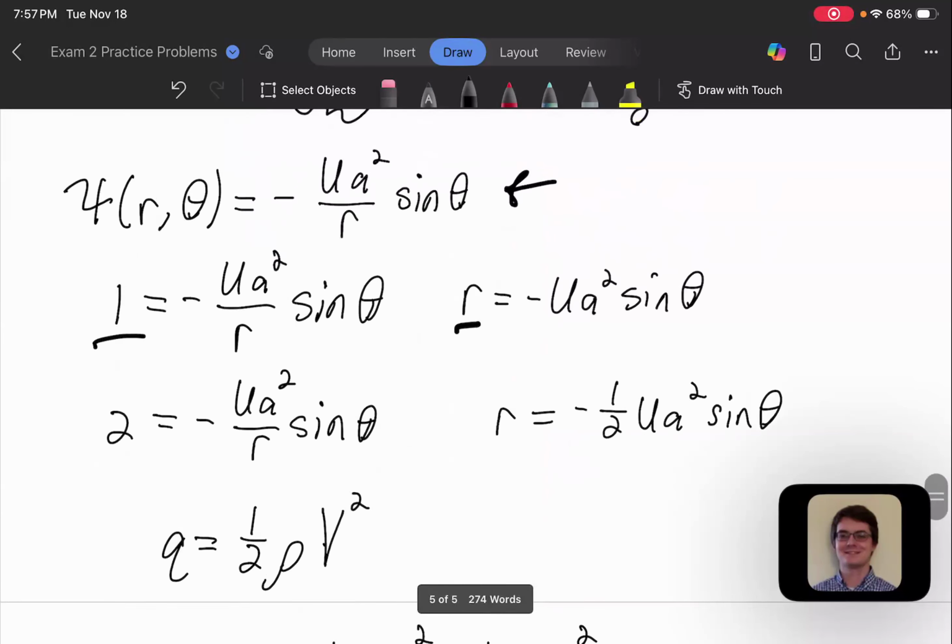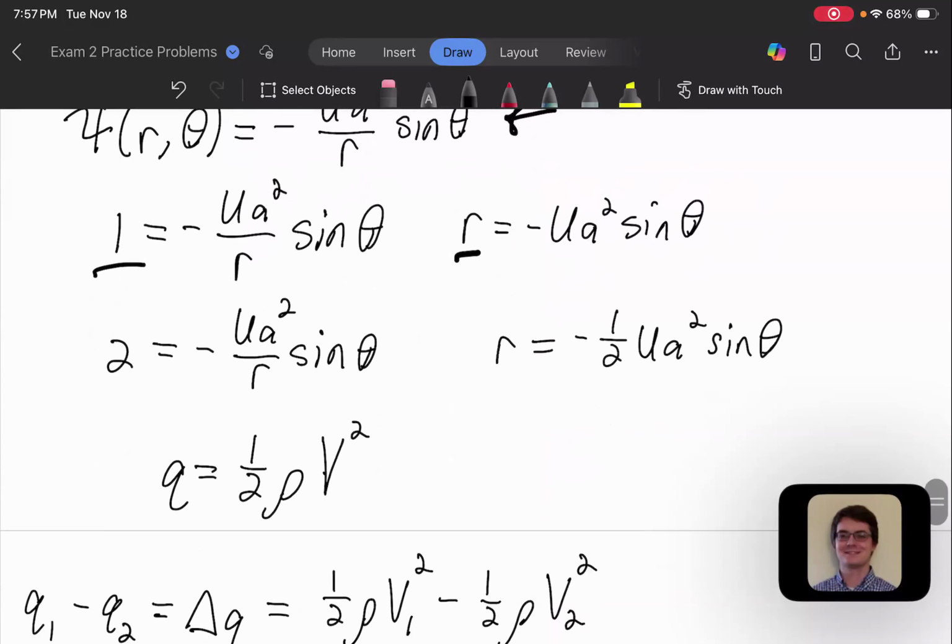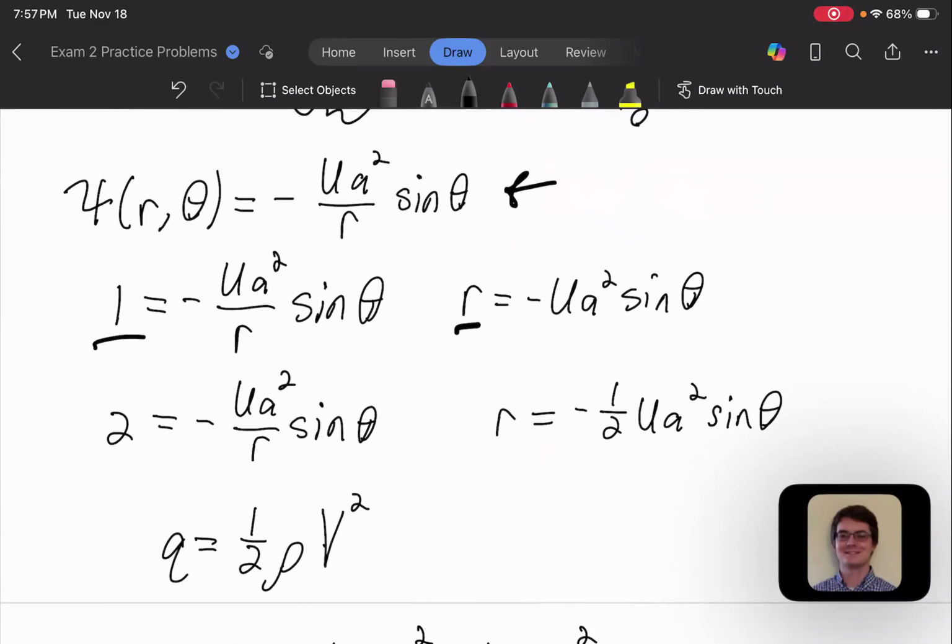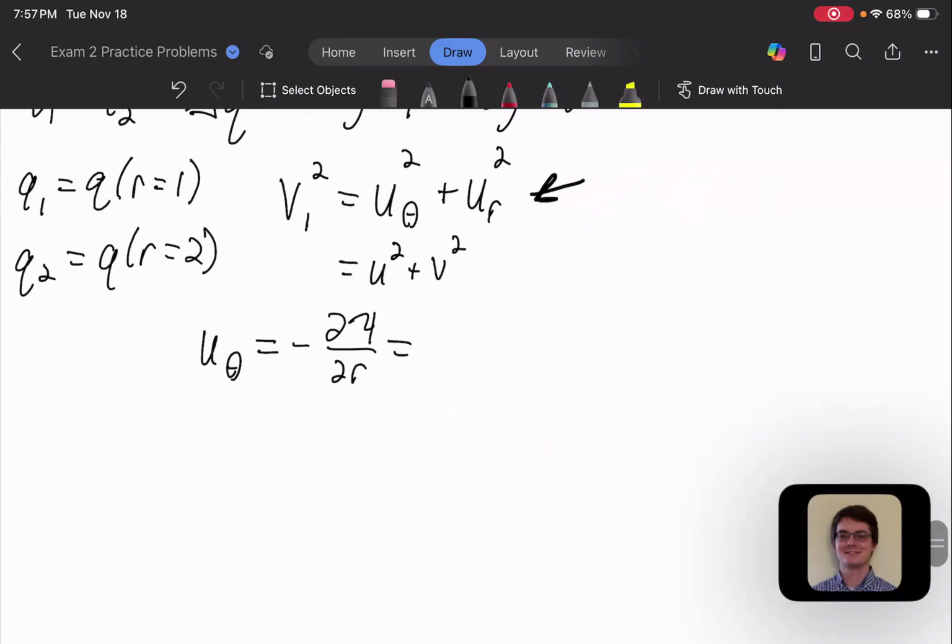And that's going to equal positive u(a) squared over r squared times sine theta. Right, because we bring the r up, we bring the negative down, we subtract it, so it goes back in the denominator of the square. The negative cancels out with the negative out in front, so now it's positive.